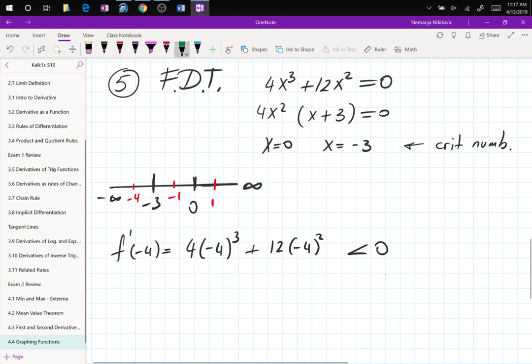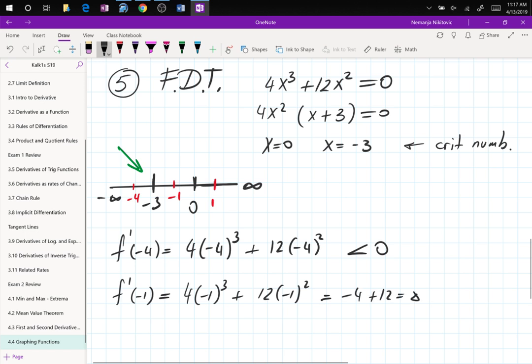So a negative number that is bigger plus a smaller positive number is going to be negative. Again, you can punch all of these things in your calculator and get exactly to the 12th decimal, but we don't care about the numbers. We just care if they're positive or negative. So if you can do the analysis on the side, there's no reason to suffer. 4 times -1 cubed plus 12 times -1 squared, that's going to be -4 plus 12, that's 8.